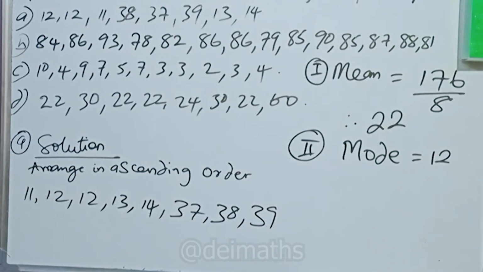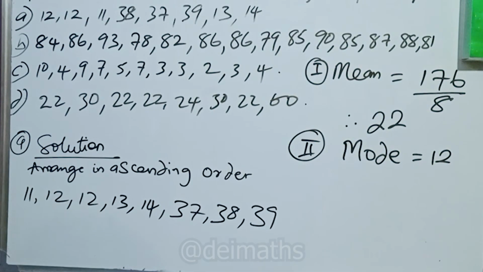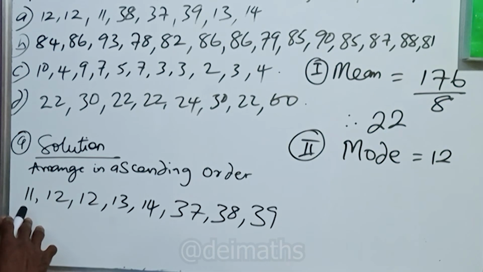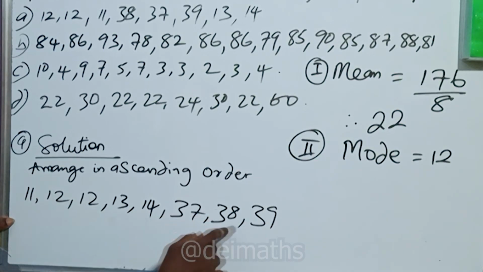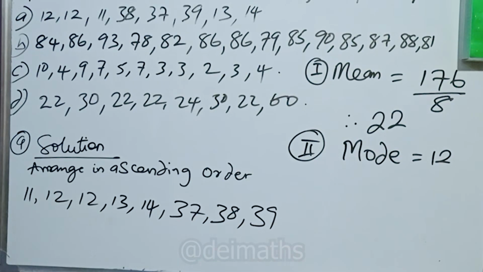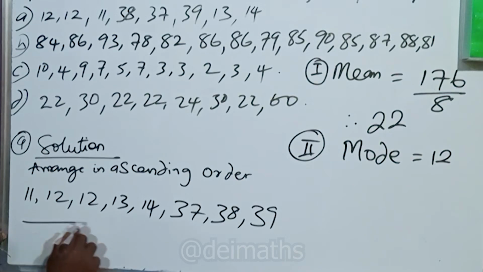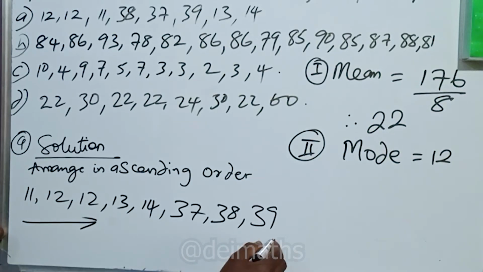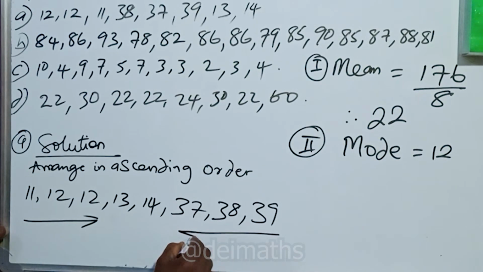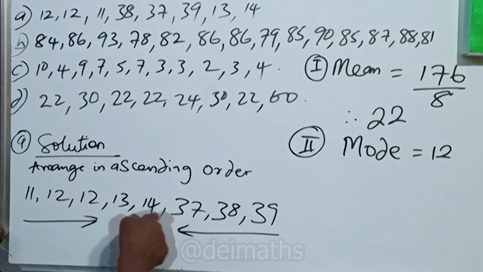The next one is the median. The median is the middle number after arranging in either ascending or descending order, and we have already arranged it. So we count the numbers 1, 2, 3, 4, 5, 6, 7, 8. That means if we take 3 here and 3 here, we are left with 2 numbers.